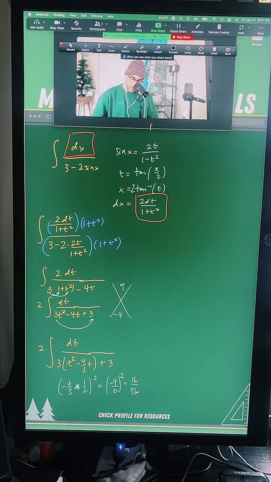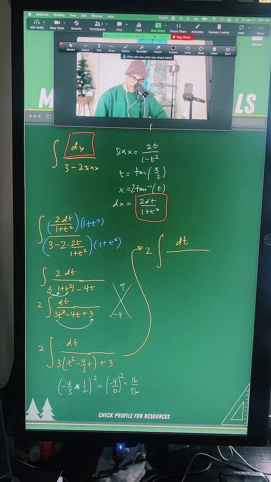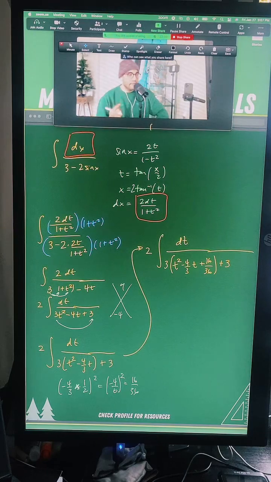Annoying, super annoying. But anyway, guys, this is now going to become 2 integral. We still have our dt, and then on the outside we have t squared minus 4/3 t plus 16/36. And then on the outside, we still have a 3. But don't forget, we're not going to subtract 16/36. We're actually going to subtract 16/12.